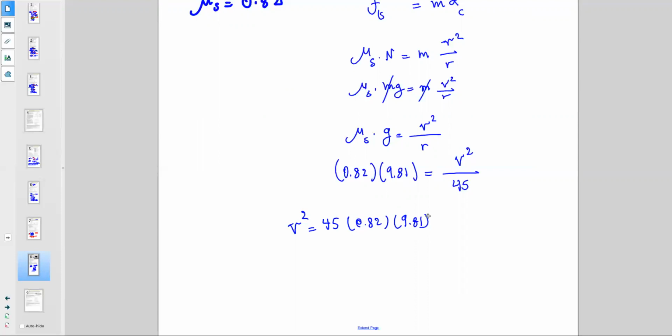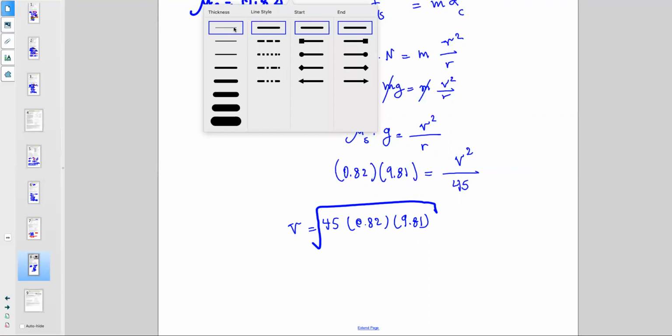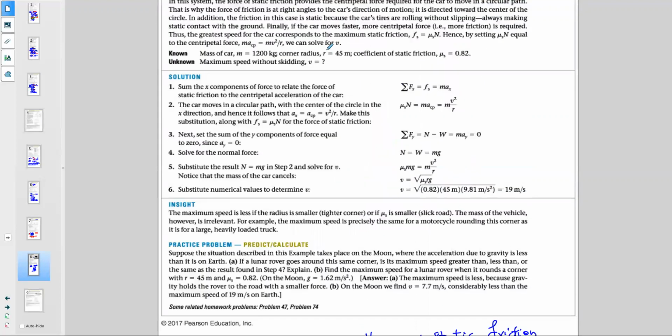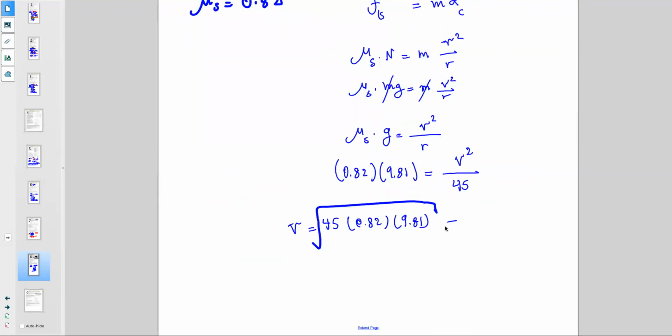If you do that, then you have to put this under the square root as well. Okay. So if you do this, you will find the velocity to be 19 meters per second. 19 meters per second is the total velocity of this object.